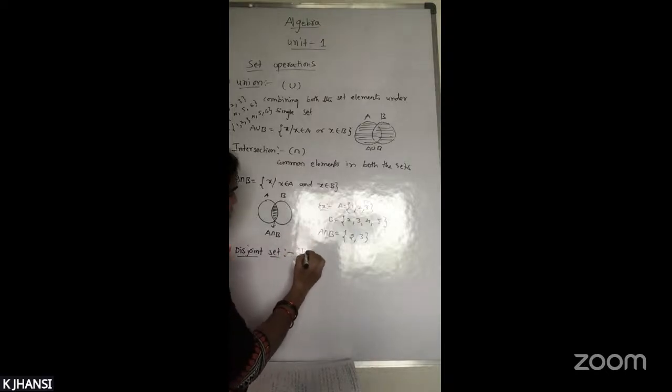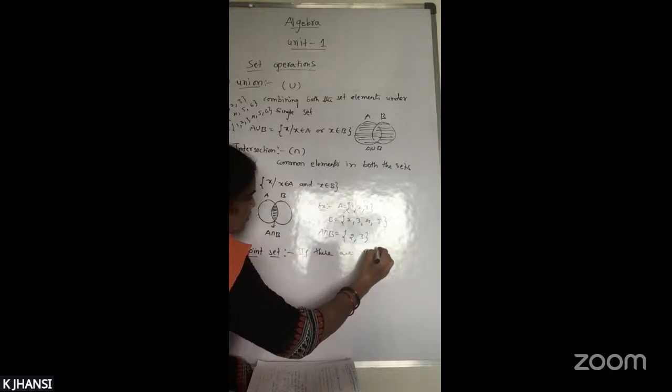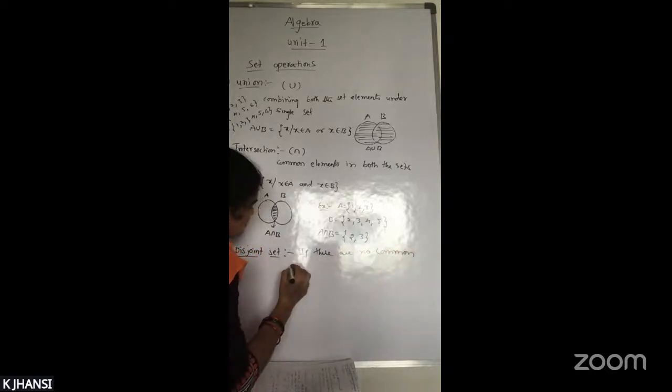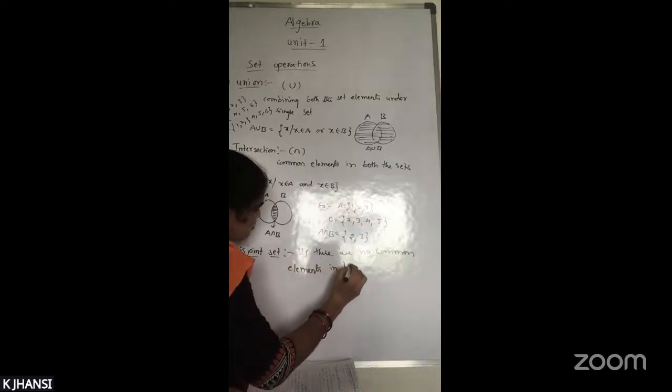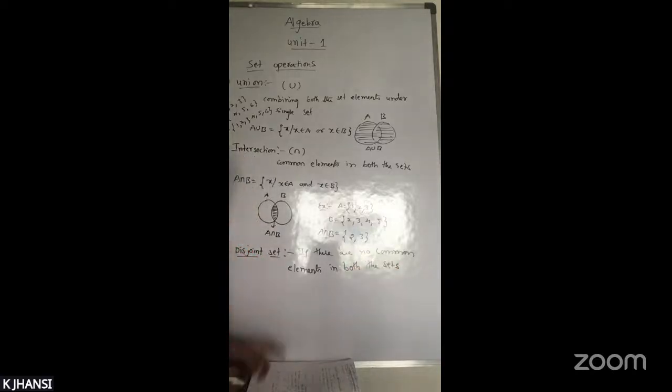If common elements are there, it is an intersection. If no common elements are there, it is a disjoint set. We write it as A intersection B is equal to phi, where phi means the empty set.